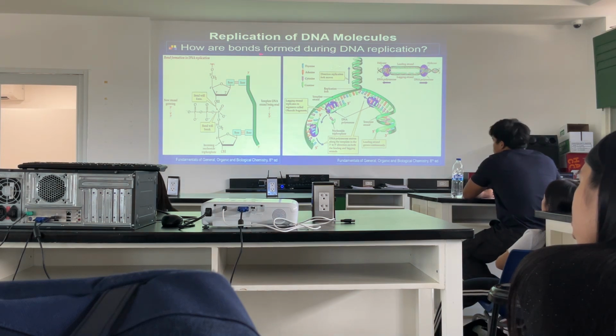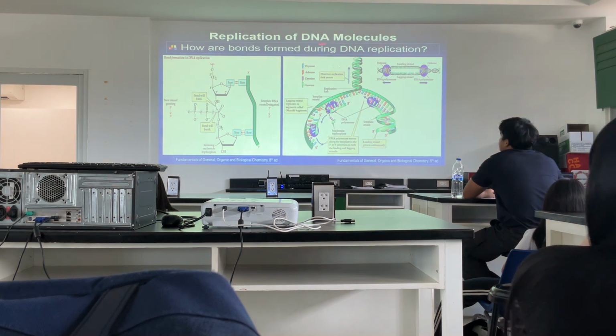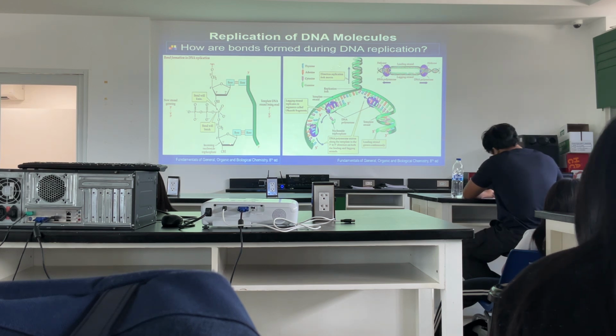So these are the bonds that are synthesized during DNA replication. That is why the catalytic activity of DNA polymerase will be to polymerize several nucleotides.